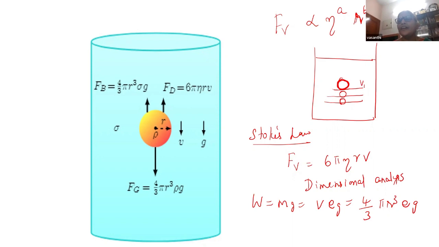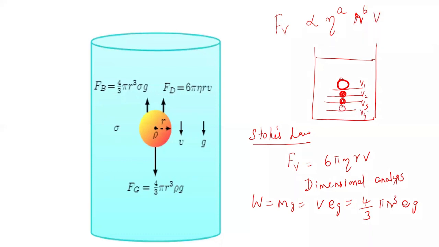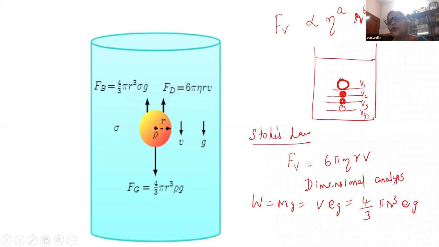So here it is V1 now. And when the ball is coming here, the velocity of the layer of liquid adjacent to the ball at that instantaneous position keeps changing, correct? So if you compare the velocities V1, V2, V3, V4, the velocity of different layers goes on increasing as the ball is falling.